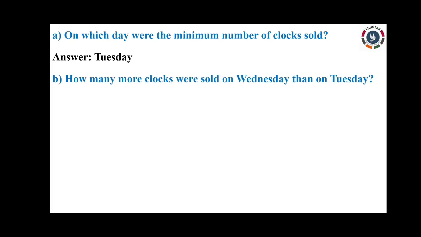Subtract 8 minus 2, 6 clock pictures. One clock picture is equal to 2 clocks. So, 6 twos are 12. So, 12 more clocks were sold on Wednesday compared to Tuesday.